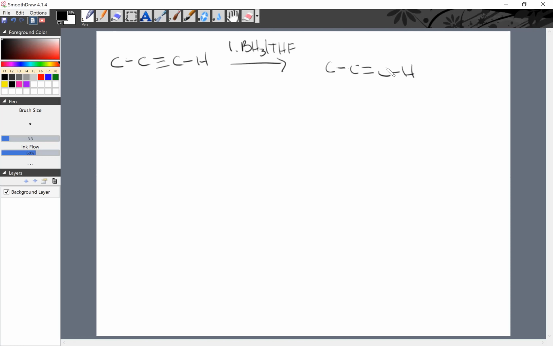Sorry, my pen is really particular today. All right, where am I going to put things? Again, the hydrogen and the boron are going to use sterics to their favor. So this will go to the H side.